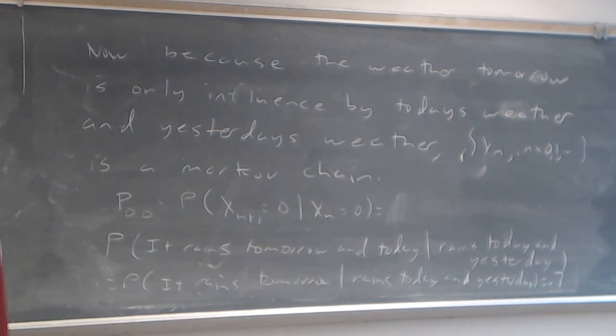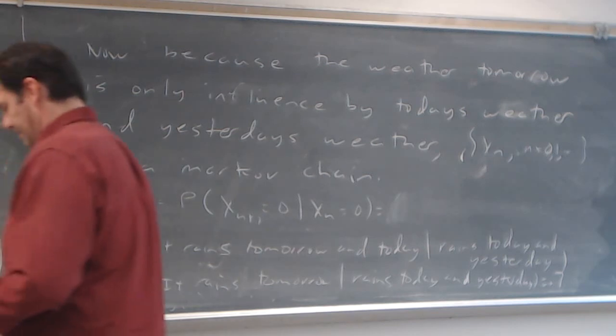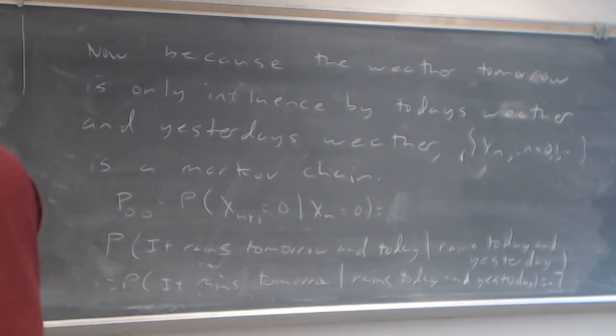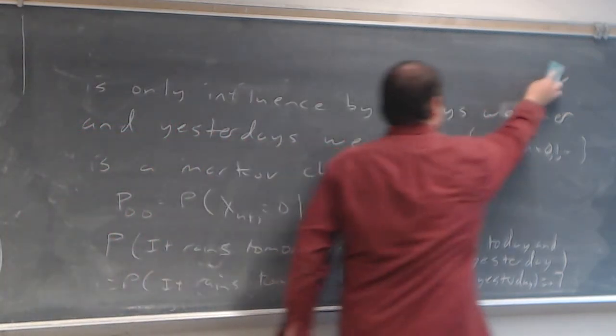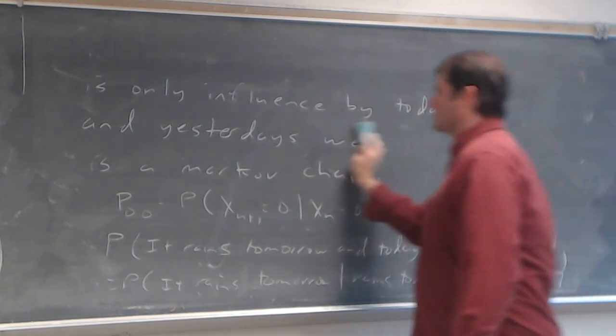And because this is the complement of P sub 0, 0, this has got to be equal to 0.3, which is 1 minus 0.7. I'm going to stop there in terms of these individual calculations.